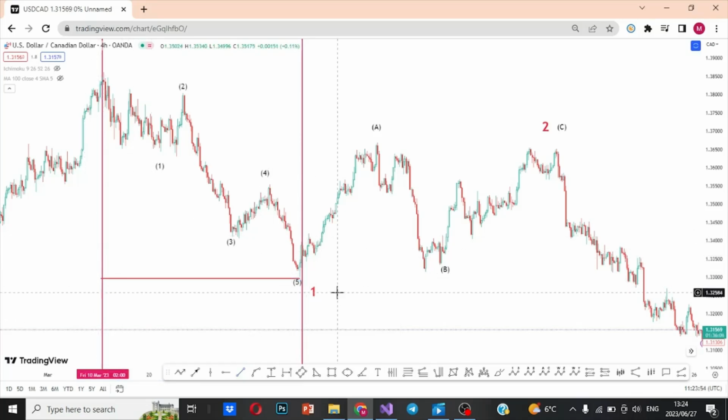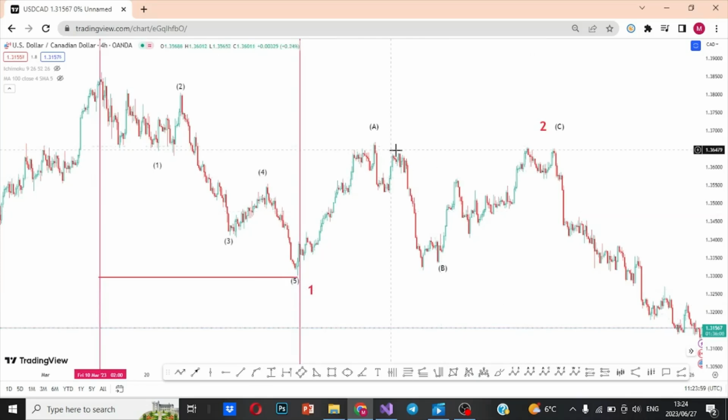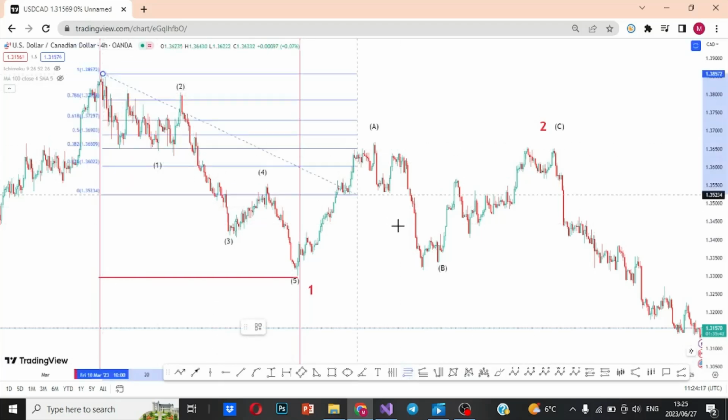So you can see that our first cycle ended over here, and then there's an ABC in the opposite direction. If you are trying to find out where it is likely for this price to go down, maybe you open your charts and the price is rising, and you are trying to catch the seller's price.